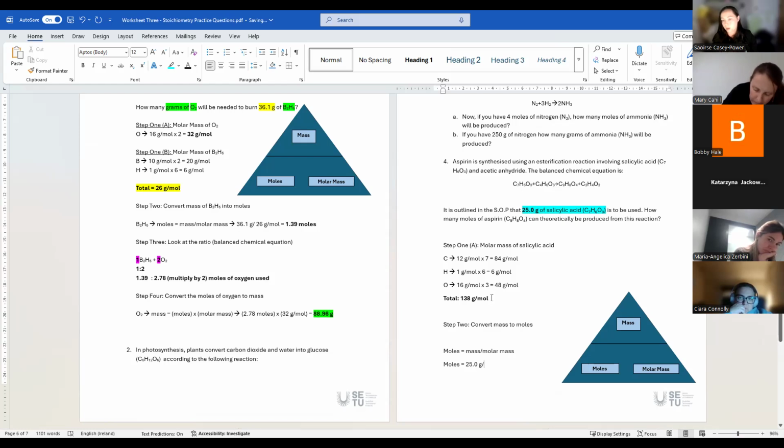And we've worked out the molar mass as 138 grams per mole. So just dividing that mass of 25 by 138, what we should be getting here is something around 0.181 moles.